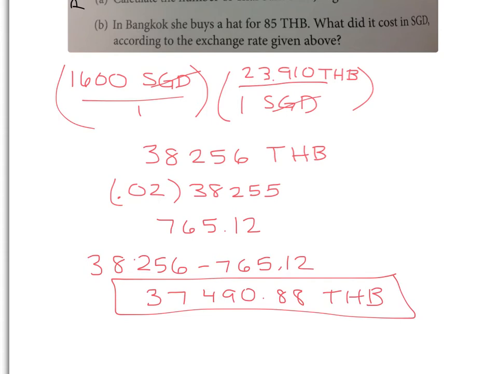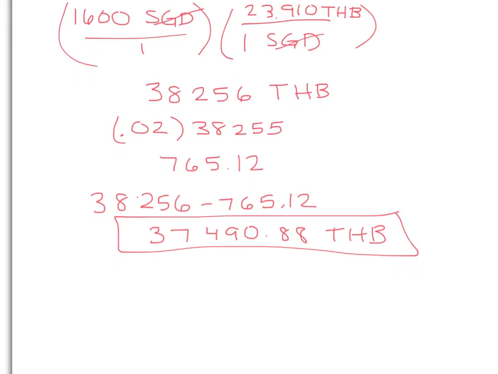So then it says in Bangkok, she buys a hat for 85 Thai baht. What did it cost in the Singapore dollars according to the exchange rate? So she's buying a hat for 85, so we're going to want to exchange that 85 according to the exchange rate. So 85 Thai baht, and we want to convert that into the Singapore dollars.